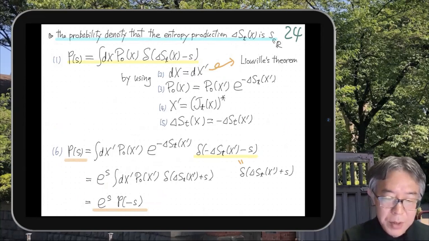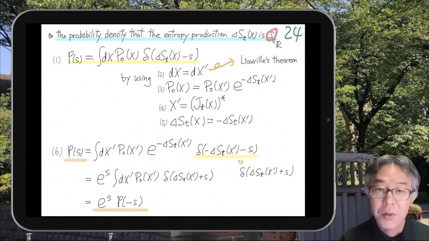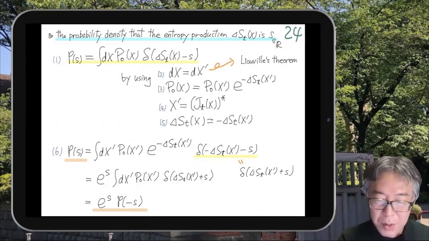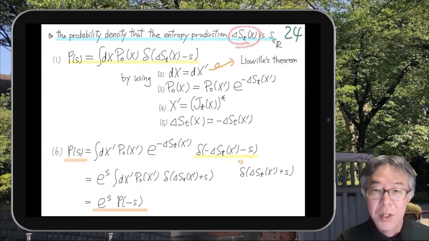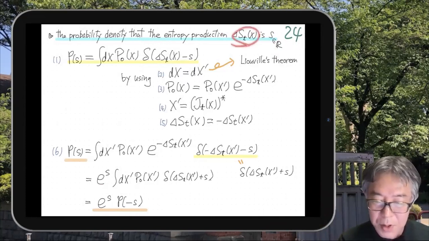We look at the probability density that the entropy production delta S_t(x) is exactly equal to this lowercase s, which is a real number. Recall that this x, the initial state, is distributed according to the canonical distribution. So this means that, of course, this delta S_t(x) is distributed probabilistically. So we can talk about the probability density that this quantity takes this value s.